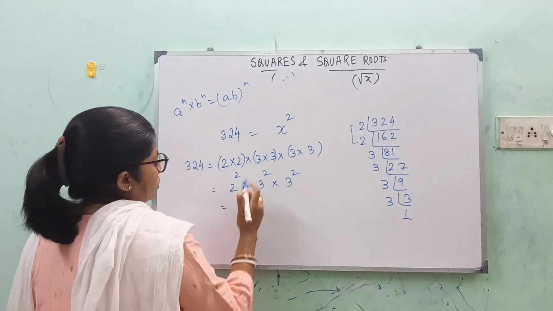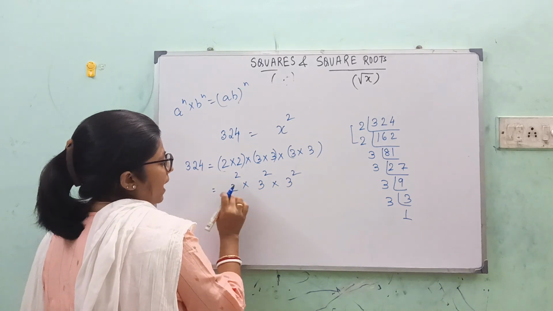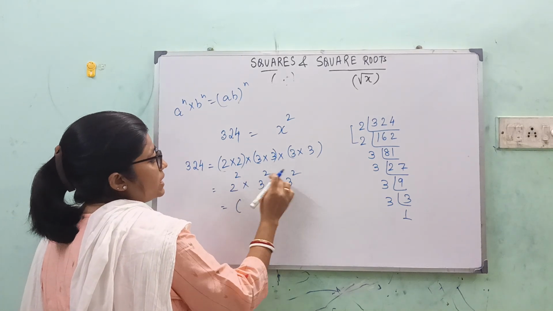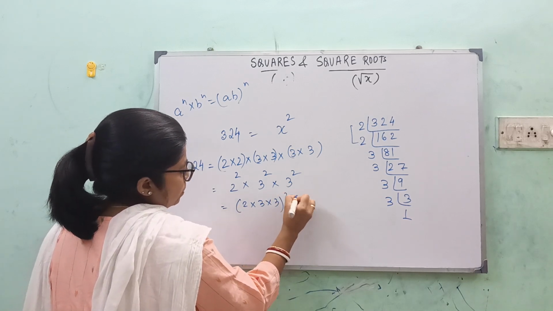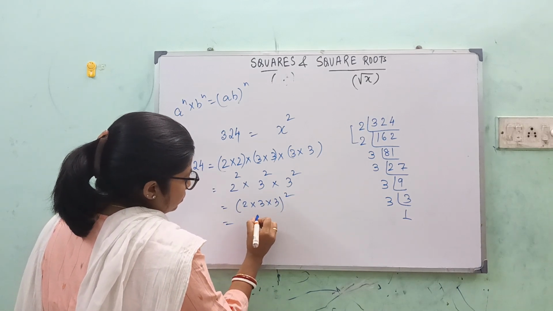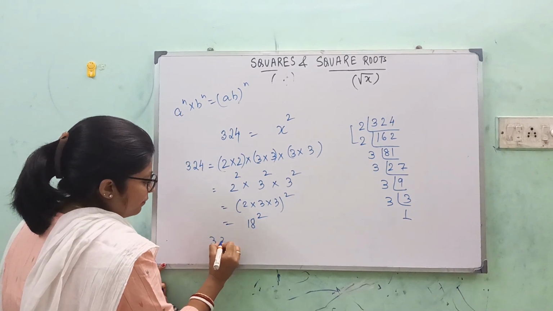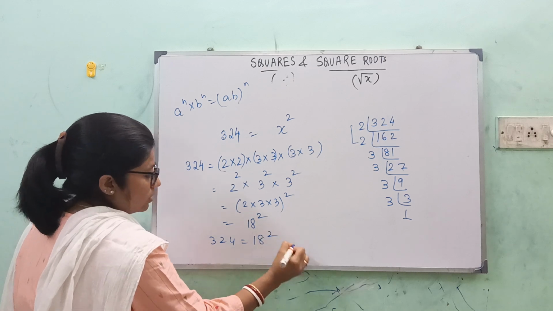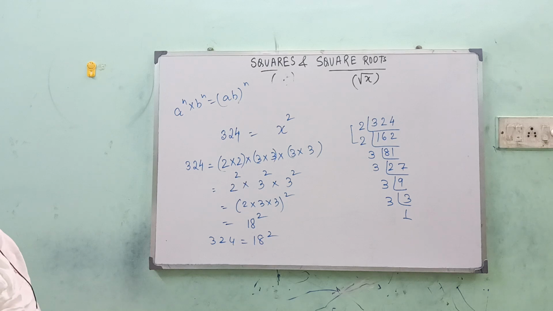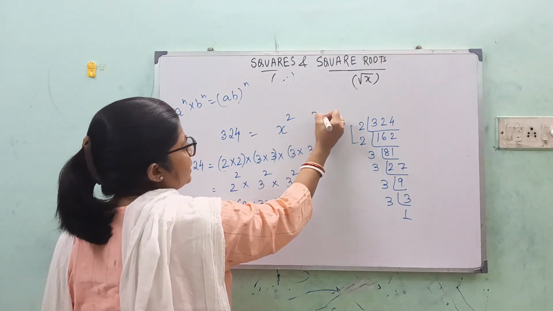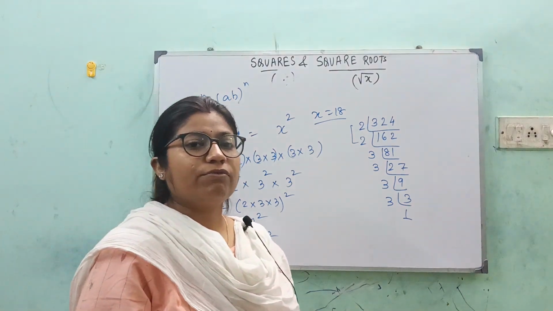Since all of these three numbers have bases having the same power, we can write 2 into 3 into 3 whole to the power 2. So this is 18 square. So this 324 is 18 square. See how easily we could express it in the form of 18 square. That is, we could find the value of x is equal to 18. That is, 324 is a square of 18.